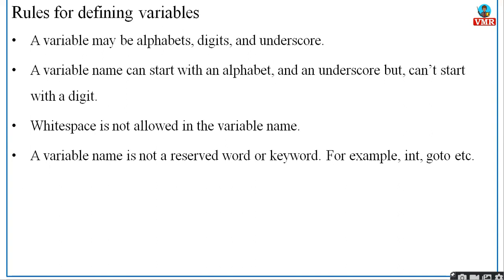And white spaces are also not allowed in the variable name. And a variable name should not be a reserved word or keyword. For example, int, goto, etc. That's what I just now said. Keywords are already reserved words. Okay. So this is what regarding the history and basic variables of the C program.